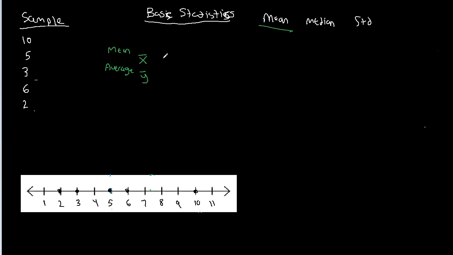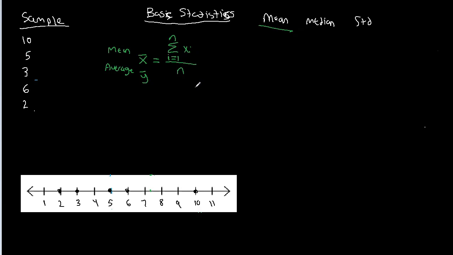But for the mean, this x bar is going to be equal to the summation of x sub i, from i equals 1 to n, over n. Hopefully you've seen this equation before.